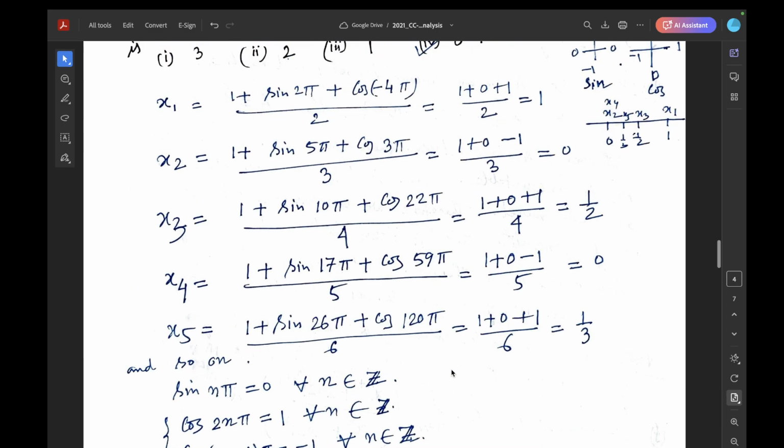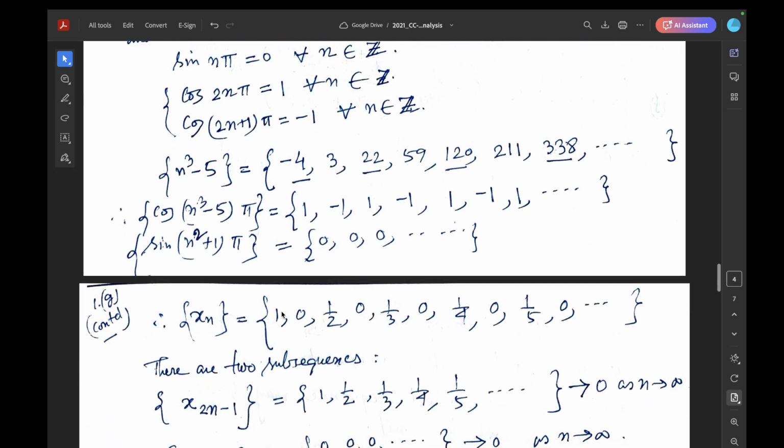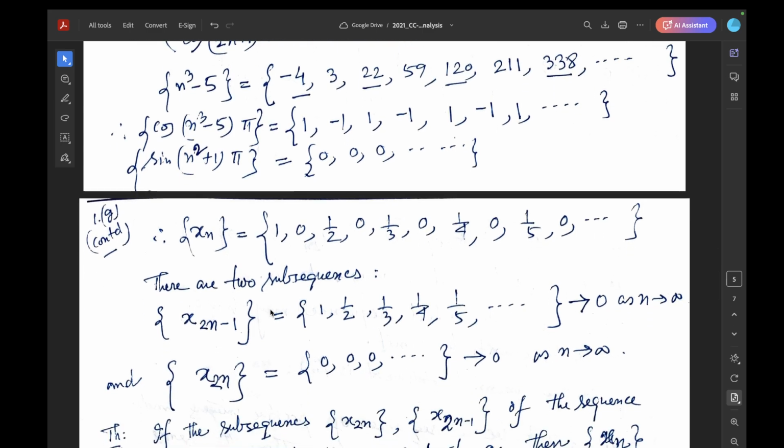So actually the sequence x_n is 1, 0, 1/2, 0, 1/3, 0, 1/4, 0 and so on. So there are two subsequences. Number 1 is the odd terms x_(2n-1): 1, 1/2, 1/3, 1/4, 1/5, and so on. This tends to 0 as n tends to infinity. And the second subsequence, the even terms x_(2n), is all 0, 0, 0, 0, which tends to 0 as n tends to infinity.